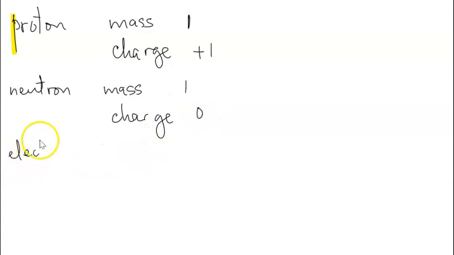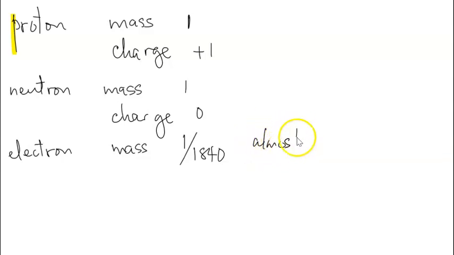The electron has a mass of 1 divided by 1840, which can be considered to be almost 0, since when we divide 1 by 1840, we are going to get a very, very small number. The charge of our electron is -1.